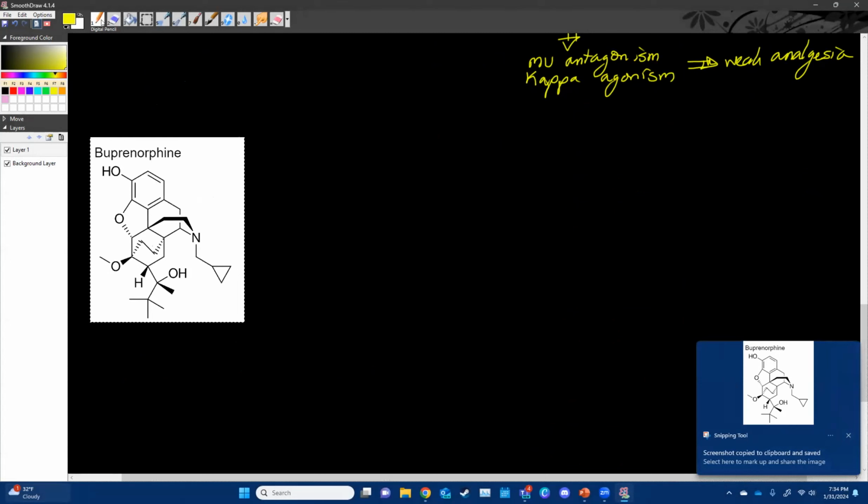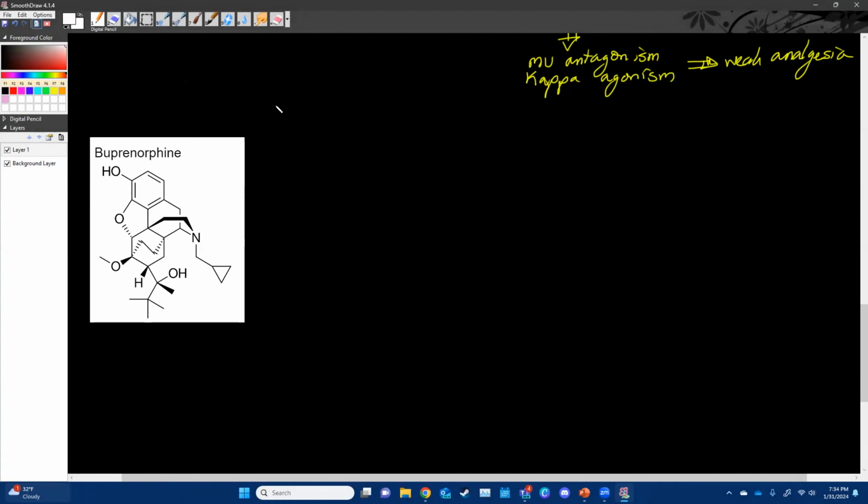We have a new class of drugs, chemical class. And here we're talking about our 6-ring opioids, which are called the oripavines. The biggest thing here is that you can see we have, I'll do it in green, this bridge.